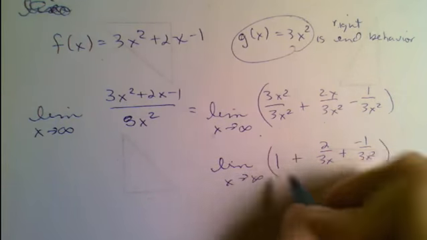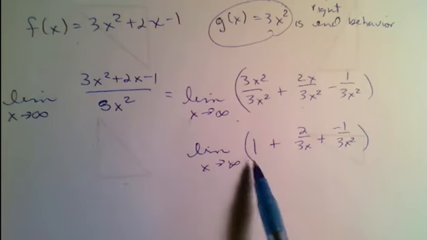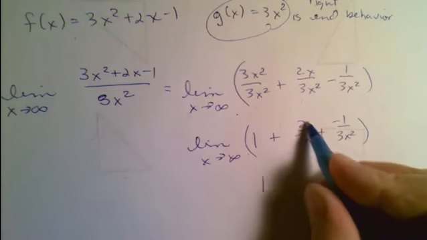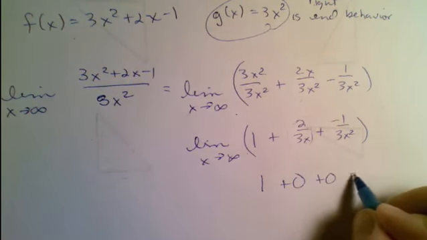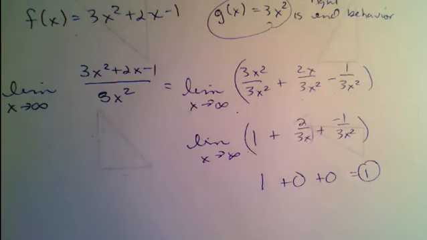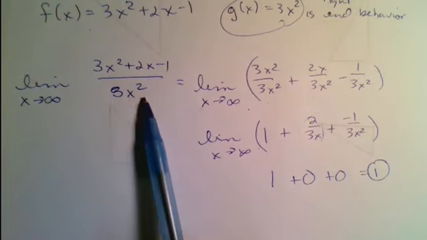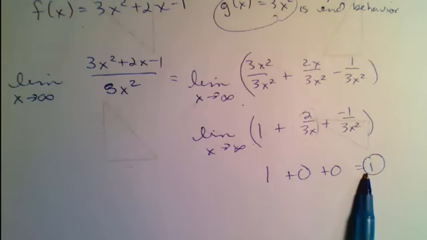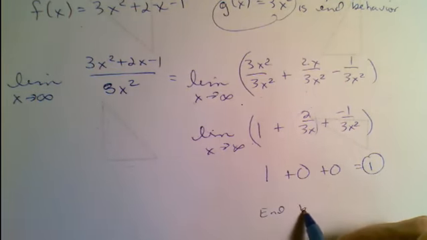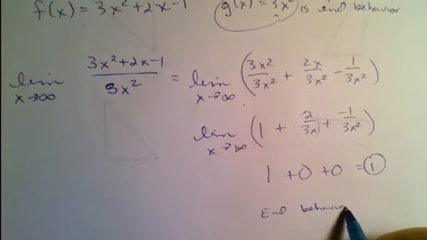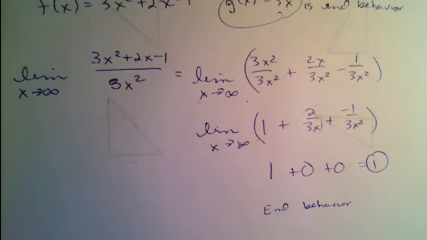Nothing simplifies. Now when I take the limit of each of those, I'm going to get 1. This is going to go to 0. This is going to go to 0. And so my limit is 1. And if the limit as x approaches infinity of that equals 1, then you can say it's an end behavior because the limit equals 1. Okay, so that's how you prove or show something's an end behavior.